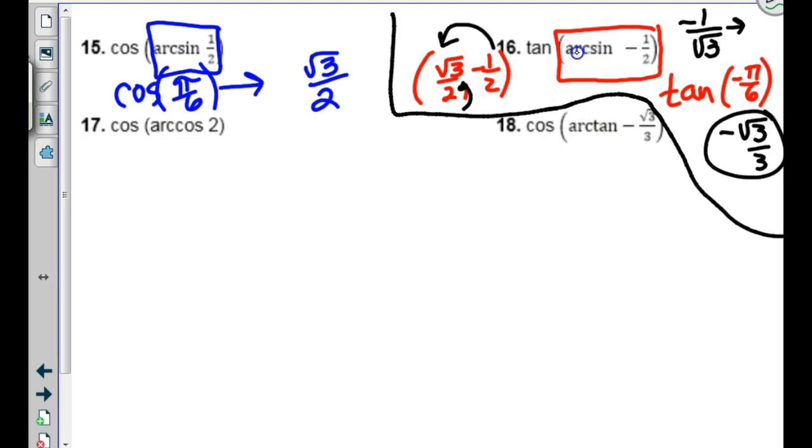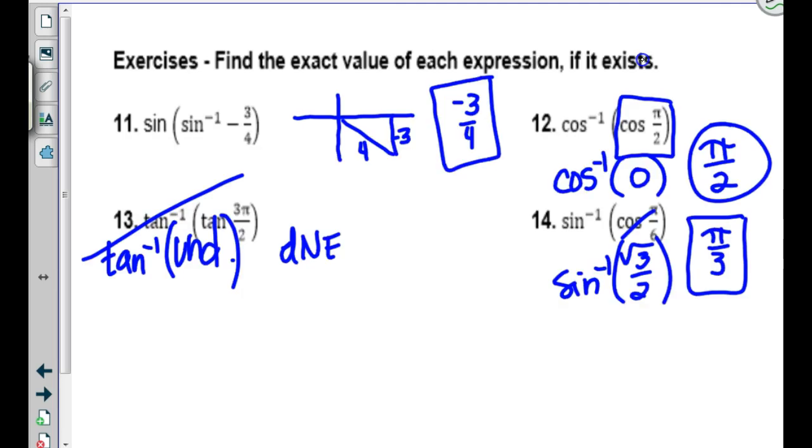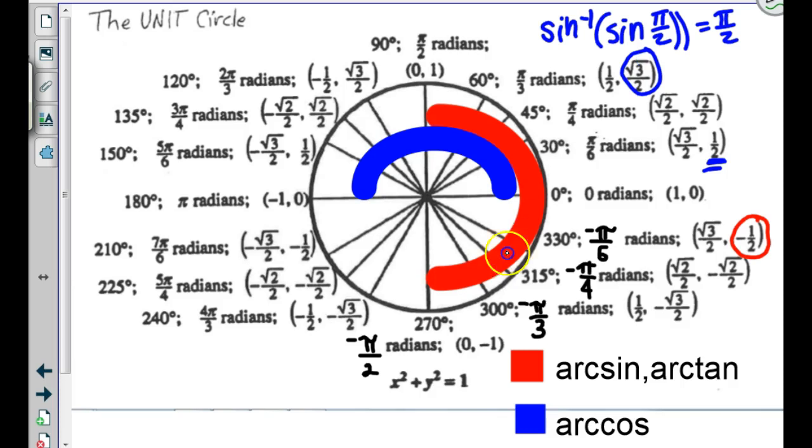Yes. Where is the sine negative 1/2? Arc sine means find the angle. So on our unit circle, arc sine is red on mine. And I'm looking for the sine, so that's the y value, to be negative 1/2. So I'm right there. And then what it wants is the tangent at that spot. And remember, tangent is y over x.